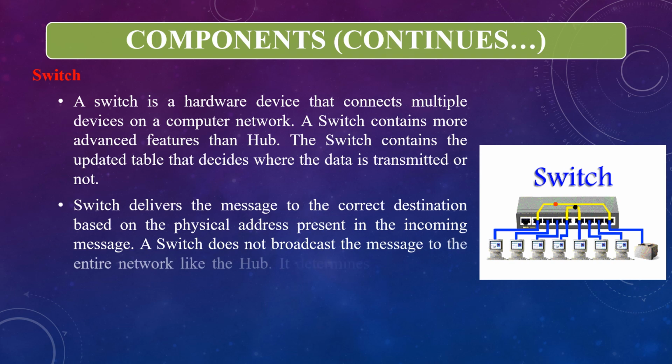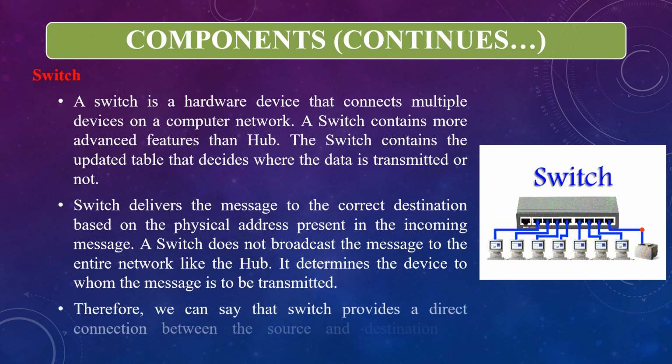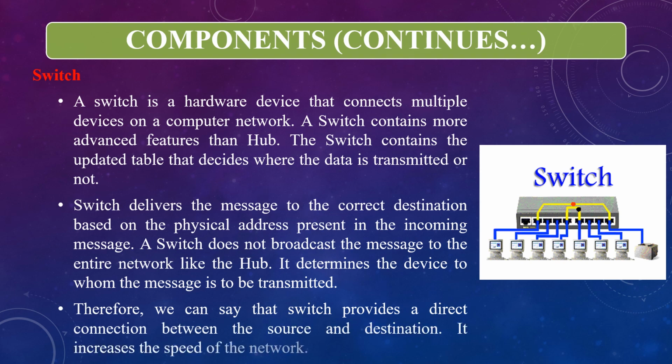A switch does not broadcast the message to the entire network like the hub, but it determines the device to whom the message is to be transmitted. Therefore, we can say that a switch provides a direct connection between the source and destination. It increases the speed of the network.